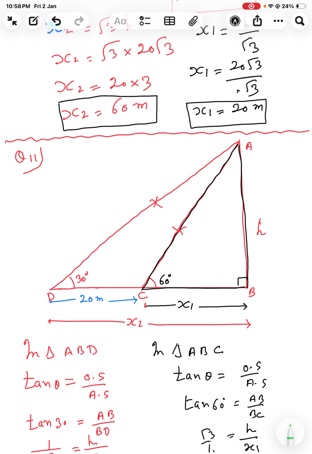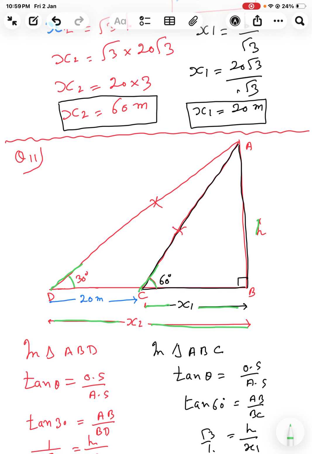In question number 11, a TV tower stands on a bank, and this is the bank, other bank. The angle from this point to the top of the tower is 30 degrees, and from another point the angle is 60 degrees. Again, suppose this is x1 and this distance is x2.